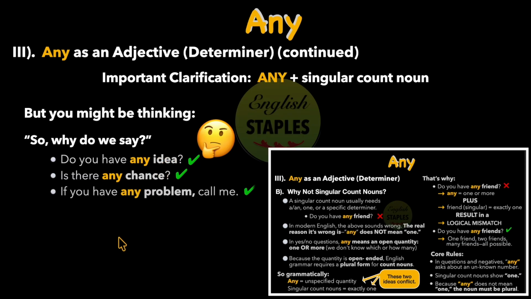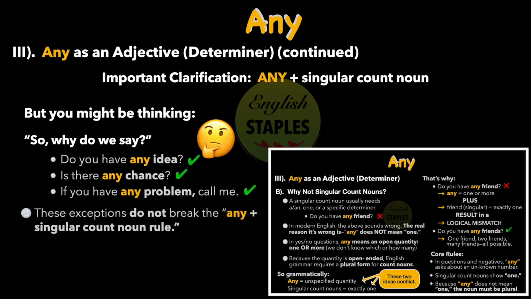Let's look at one more. If you have any problem, call me. Now, somebody could have many problems, right? You can. But here, these are okay. These are exceptions. These exceptions do not break the any plus singular count noun rule.